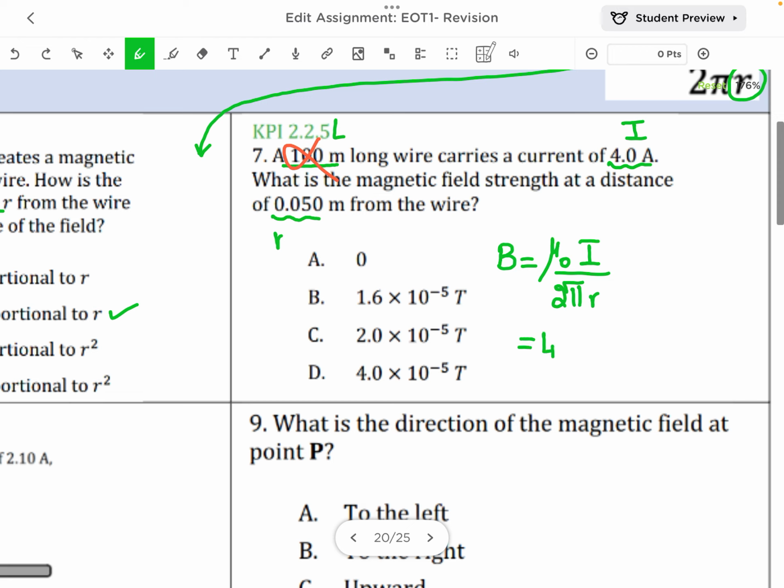Again, mu 0 is 4 pi times 10 to the power of negative 7. That's a given. I is 4 over 2 pi. The distance is 0.05, not squared. And the answer is B.